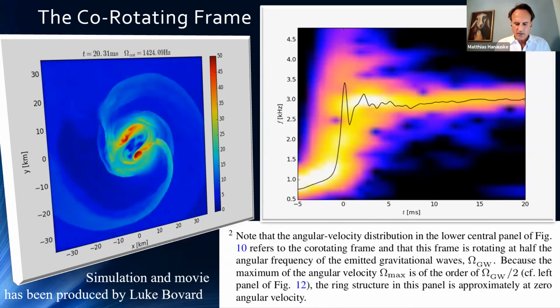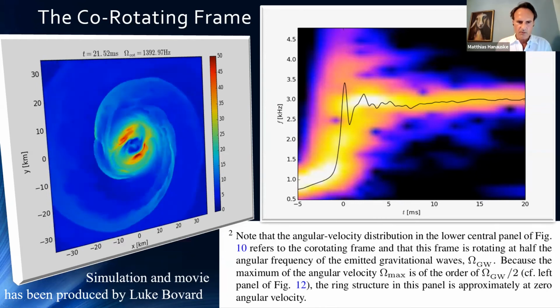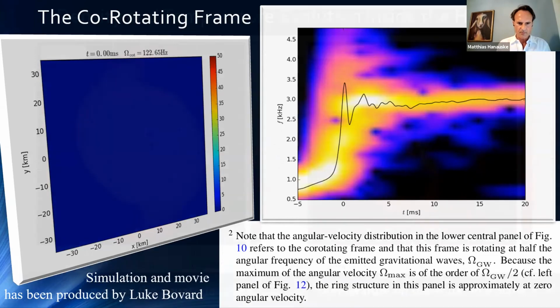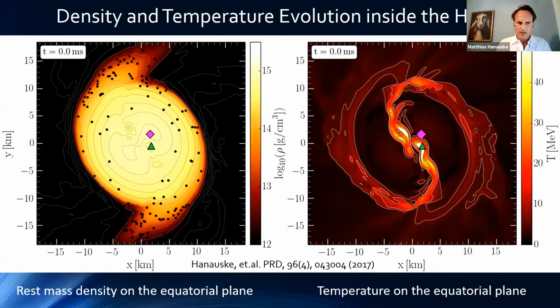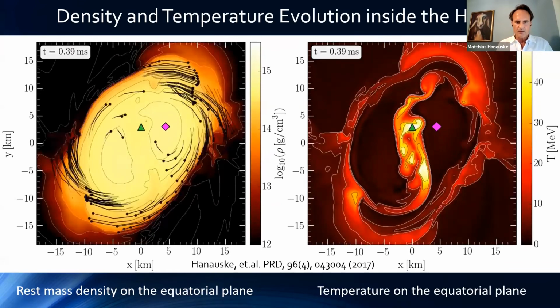First, we use hadronic models without a phase transition. Additionally, we have put so-called tracer particles in, which track the fluid motion. Here is the density plotted, and here is the temperature plotted in the equatorial plane. We are now right at merger time, and we are looking at what the interior of the remnant is doing in the post-merger time.